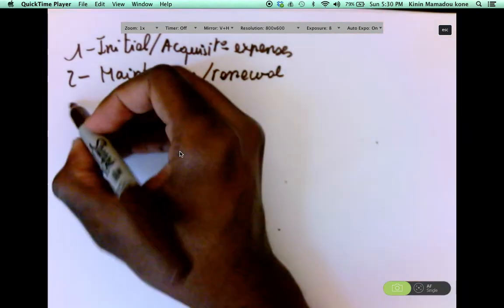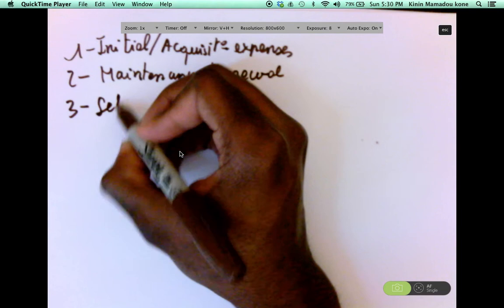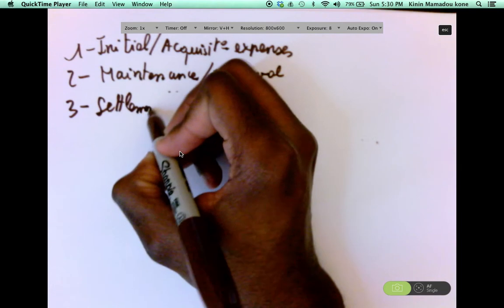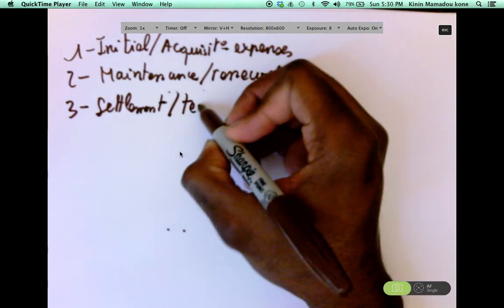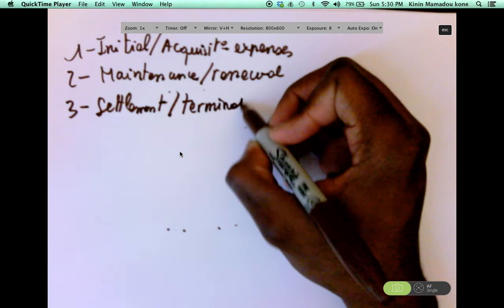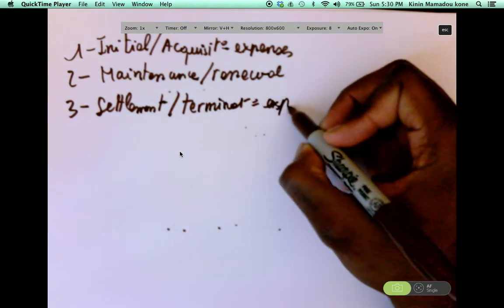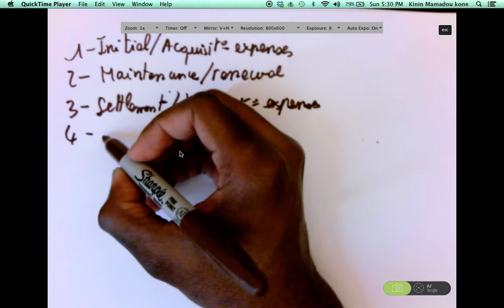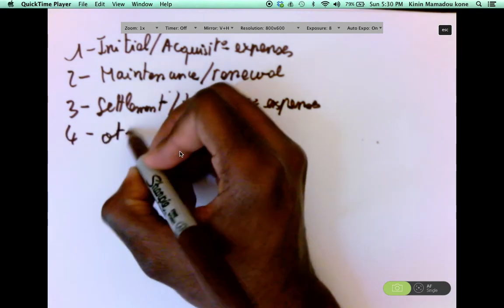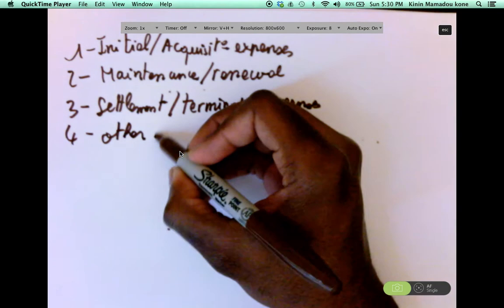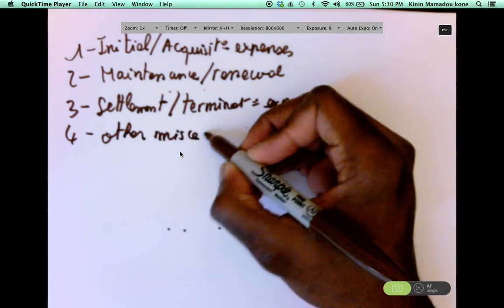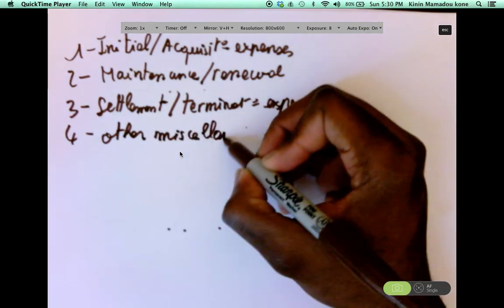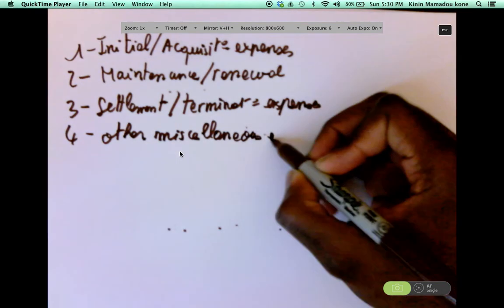We have settlement expense, or termination, also called termination expenses. And we have other miscellaneous types of expenses.